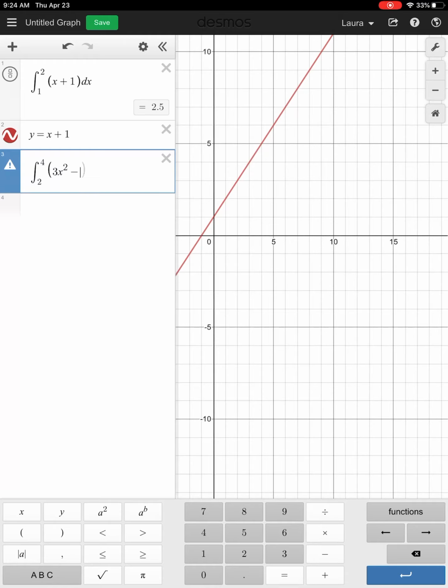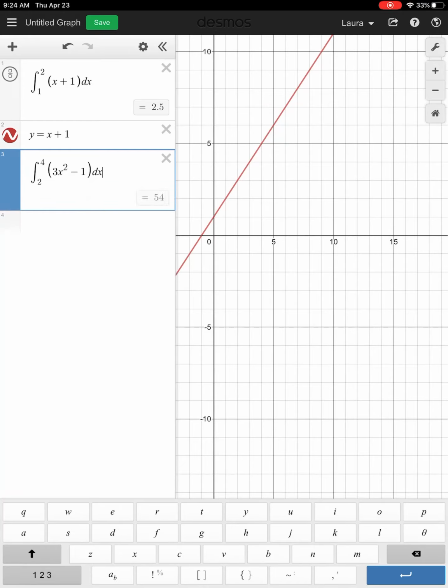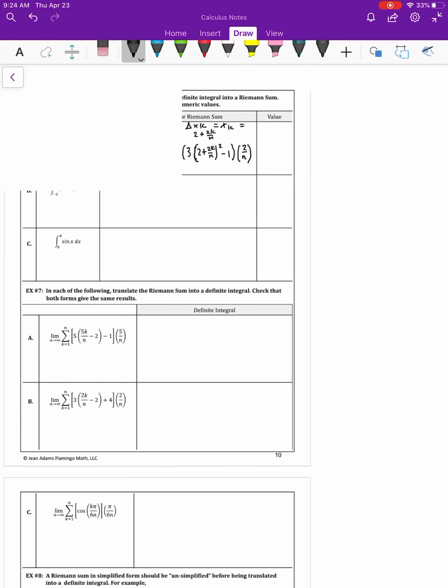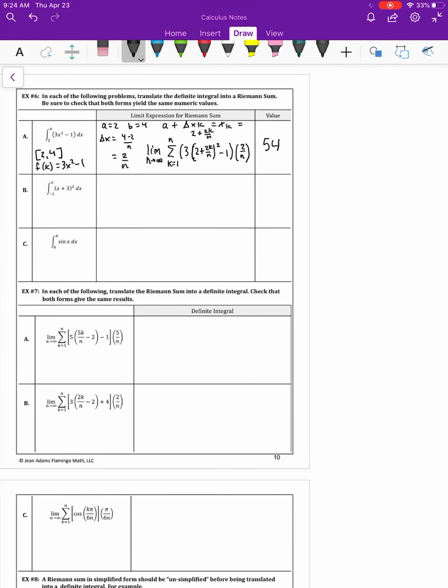And so if they're asking for the value from 2 to 4 of 3x squared minus 1 dx, you could go back to your Desmos and say the integral from 2 to 4 of 3x squared minus 1 dx, and it gave us 54. So our value here is 54.